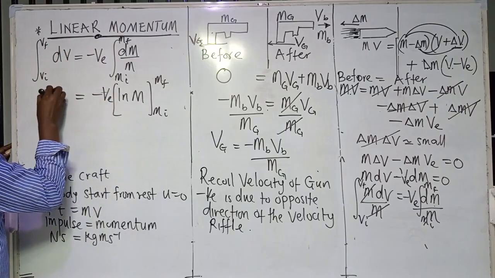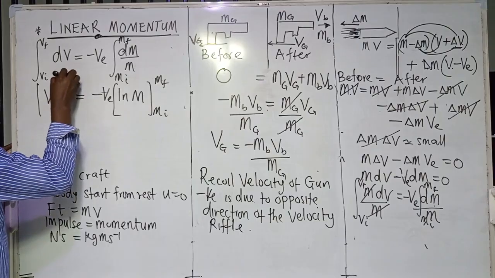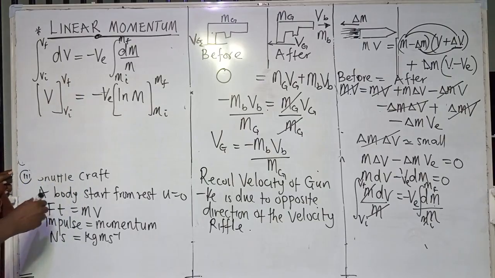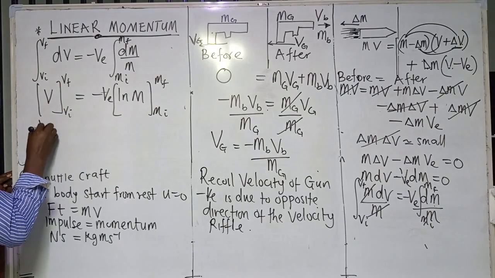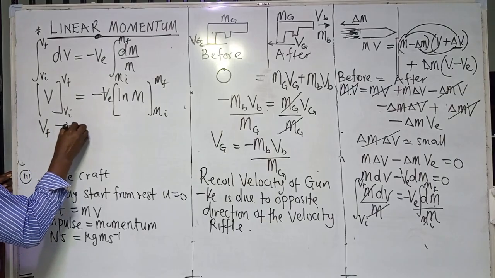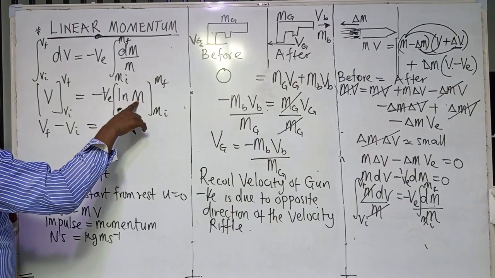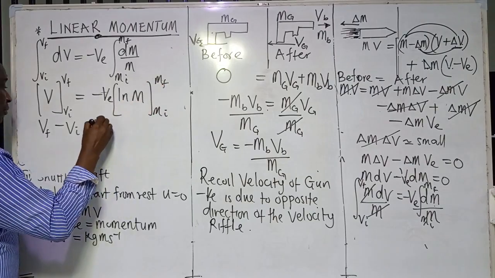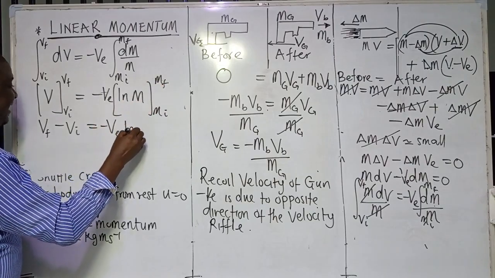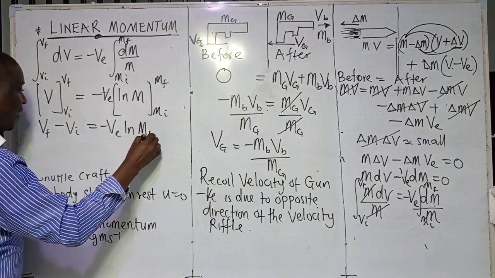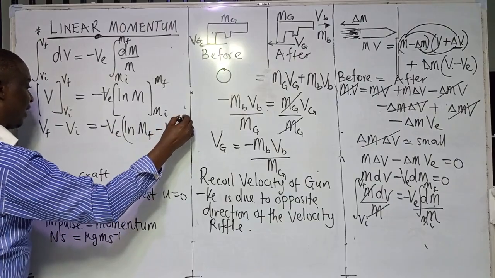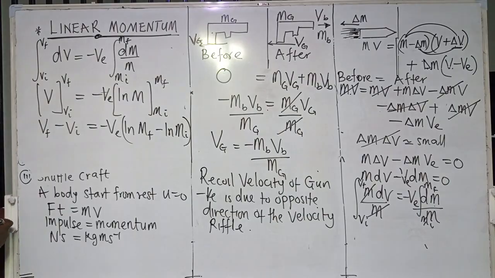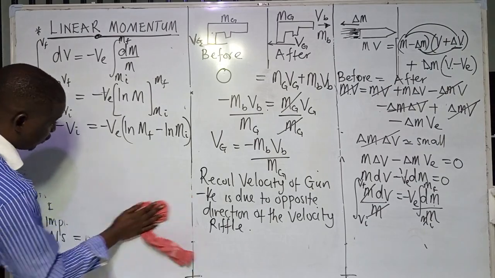If you integrate, you are going to have v, with limits v final and v initial. So using integration, v final minus v initial equals, if you put the upper minus lower, minus exhaust velocity times ln of m final, the upper, minus ln of m initial, lower limit. Now, if you have gotten that, what we are going to do now is what?